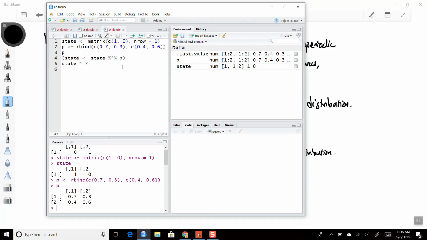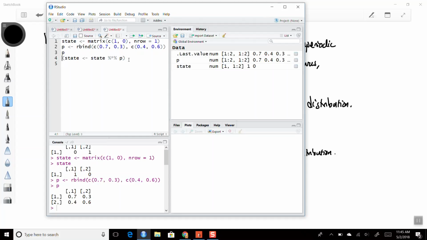Okay. And so I take my state and multiply it times the transition matrix P. I'm going to update my state with the output of that, and putting parentheses around it will print that out, okay?